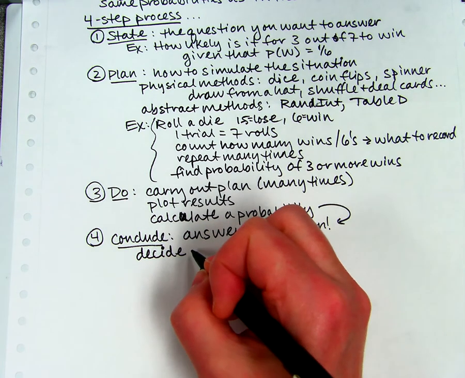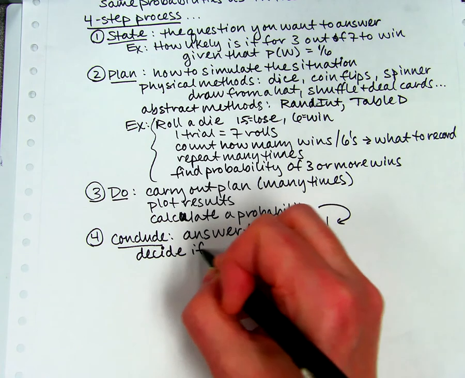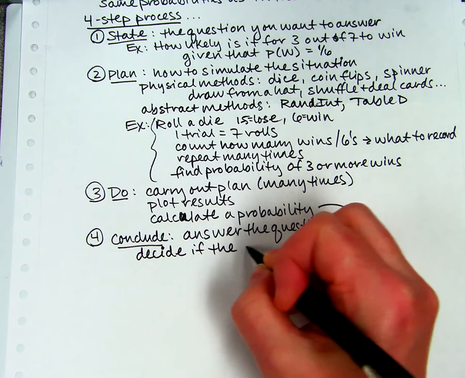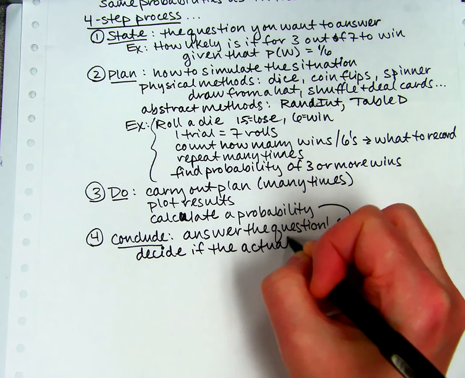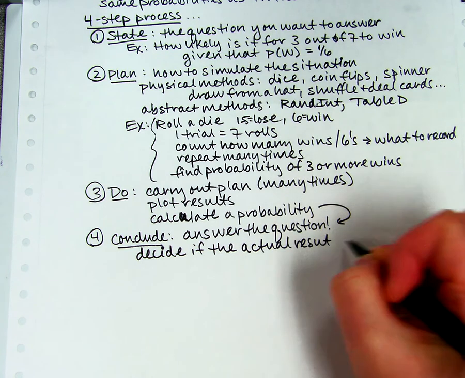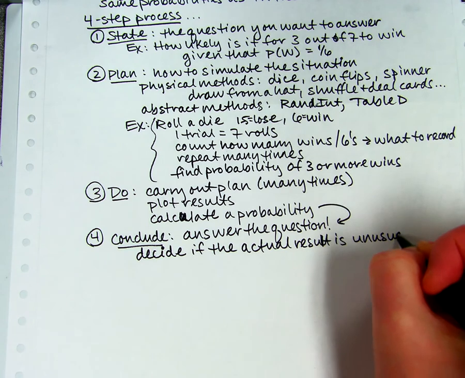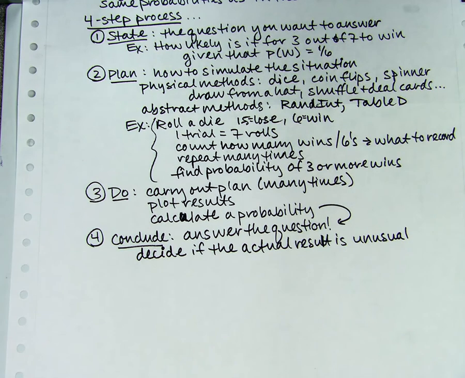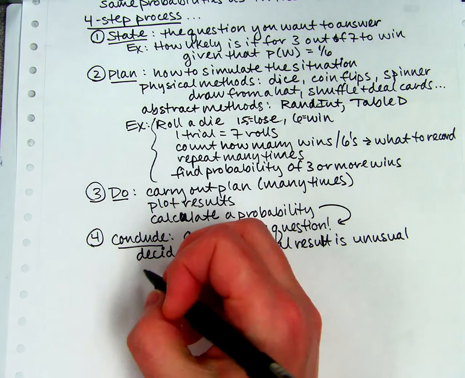So we're trying to decide if the actual result that happened in the real life situation is unusual or not. Because if it's unusual, then we have something suspicious going on that we might want to investigate further. And that unusual thing, the most common cutoff for that is 5%.